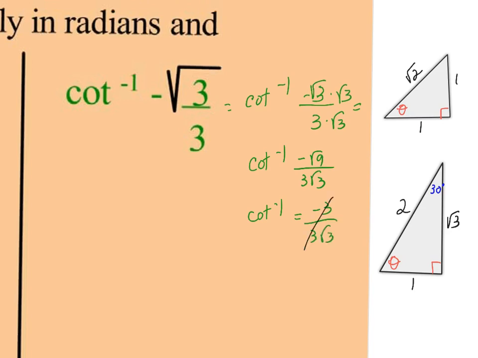Simplify, and we're looking at the inverse cotangent of negative 1 over radical 3.